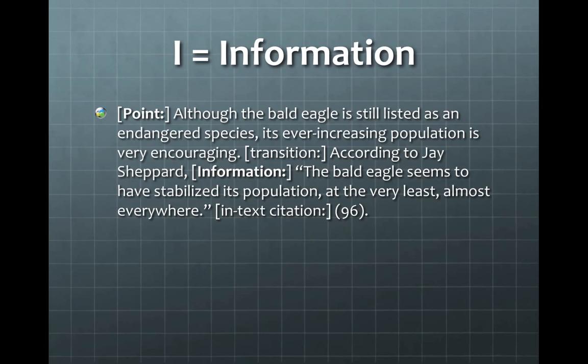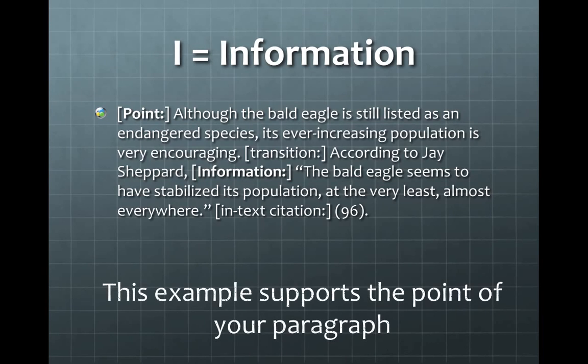According to J. Shepard, and that's our transition, our introduction of the information that we're about to provide, quote, the bald eagle seems to have stabilized its population, at the very least, almost everywhere. End quote. And then the in-text citation comes next. This example supports the point of your paragraph.